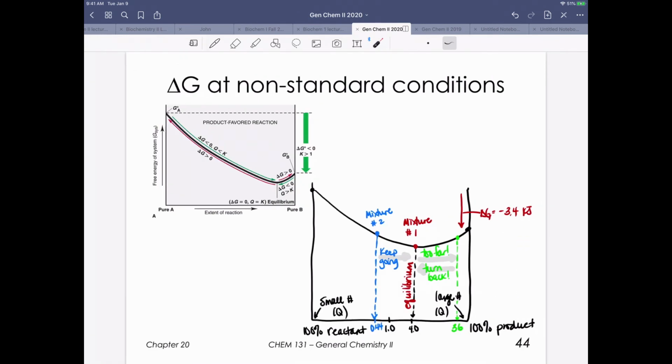All right, so this is just taking that picture that we put together on the last slide and mapping it onto the standard textbook one that's in your book and in our notes here. Okay, so one of the things conceptually I want you to be able to think about is what it means for a reaction when Q is not equal to K. In both of these situations, it's going to be favorable to slide back downhill to get to our equilibrium point.